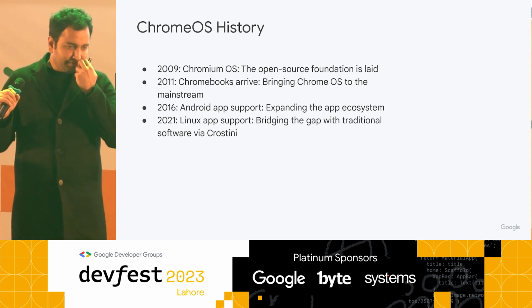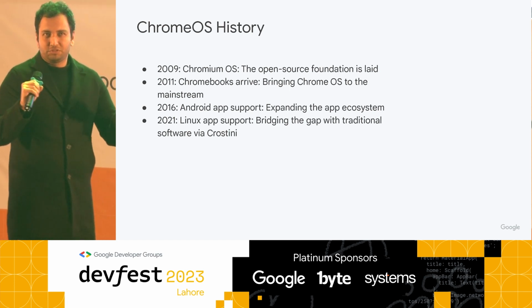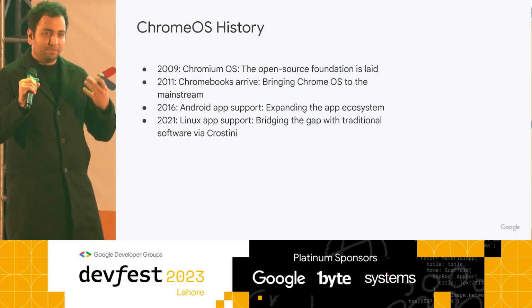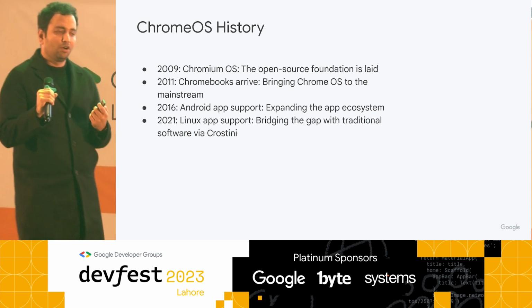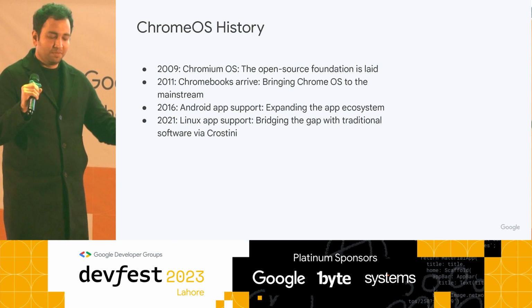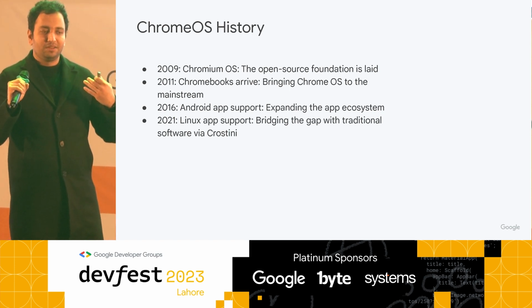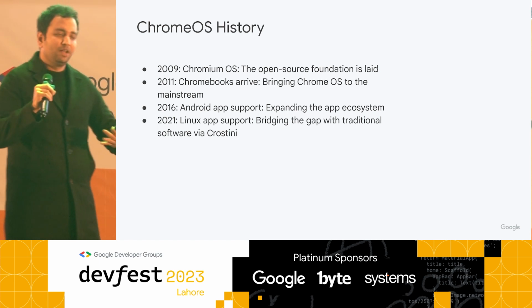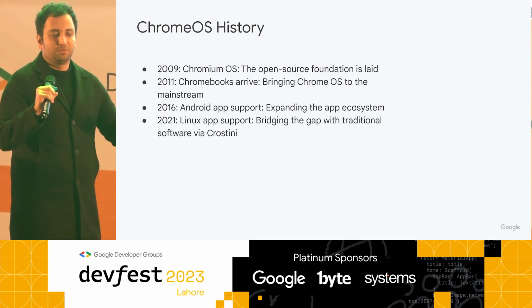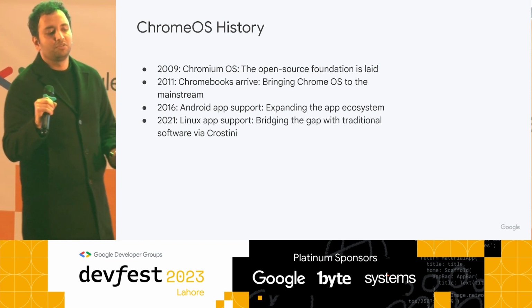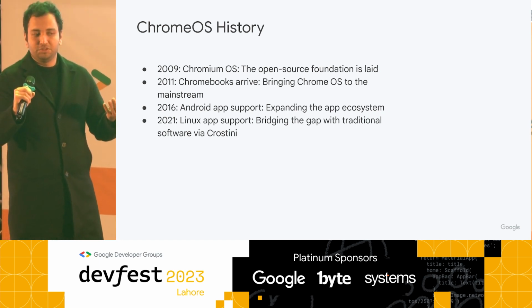In 2011, the first Chromebook was announced, and people were actually able to use this operating system. Although there were some hackers who had already built it and were able to run it on other systems, the first official Chromebooks were announced and released in 2011.